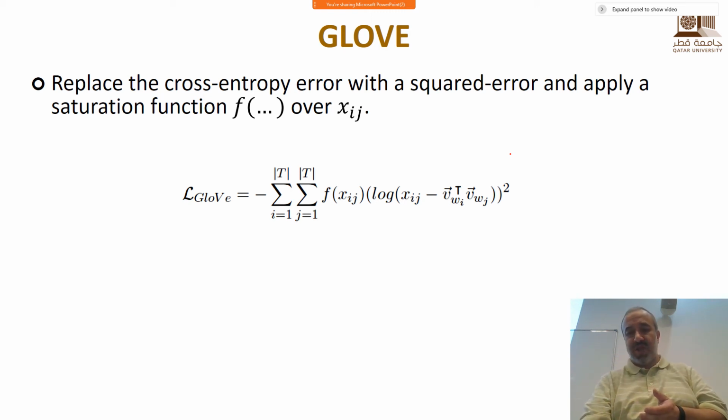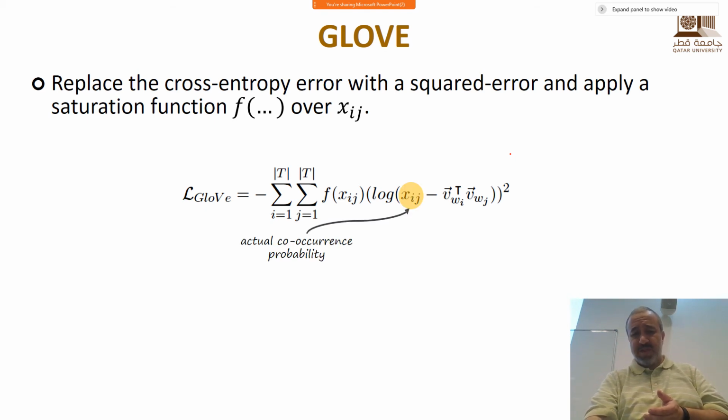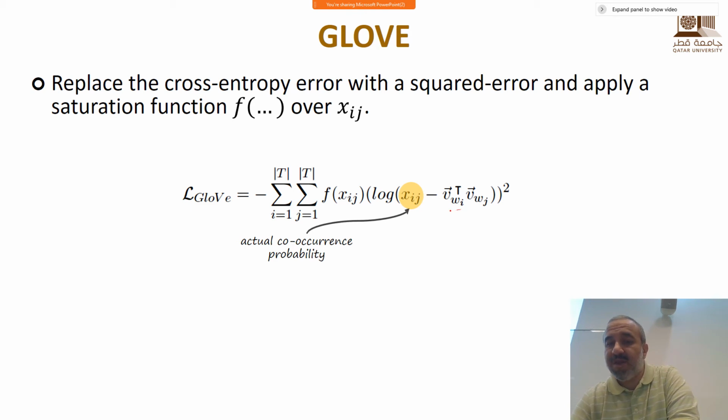The loss function here uses the squared error, the error between the actual co-occurrence probability and the predicted probability.